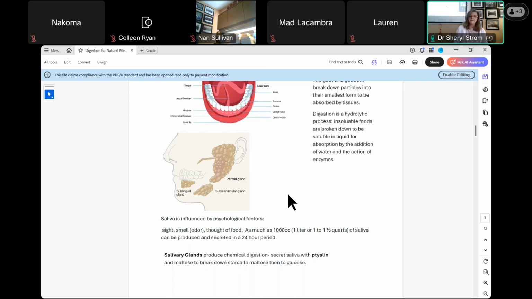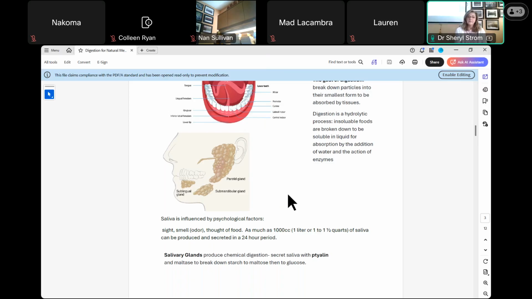So the salivary glands produce chemical digestion. There's a difference between chemical and mechanical. Think of your teeth, that's the machine, right? Your lips, your tongue, that's the machine. So mechanical. Now we have the chemical.